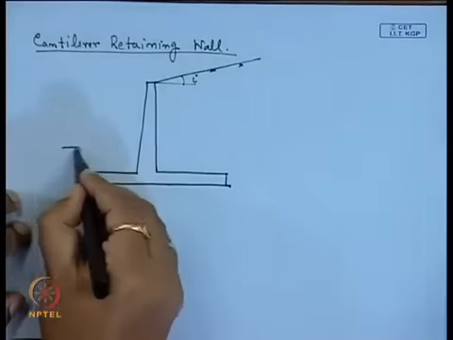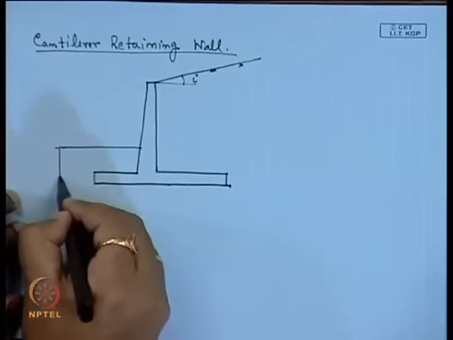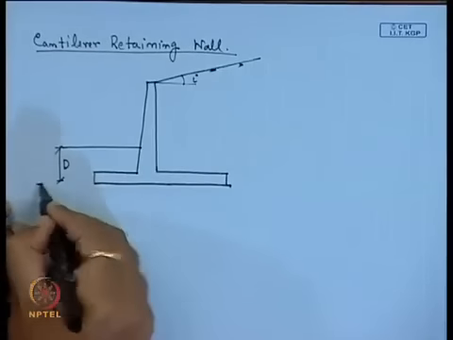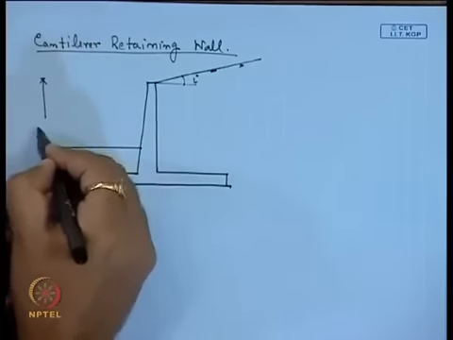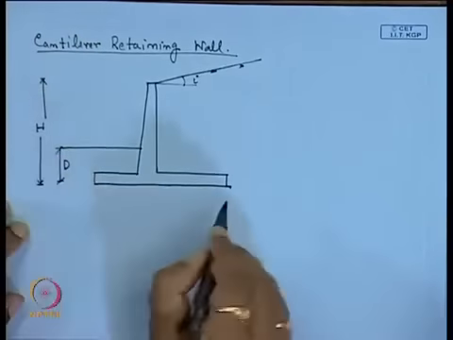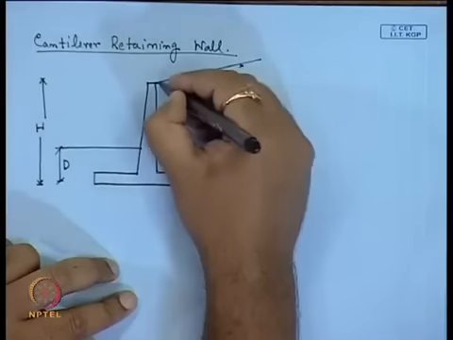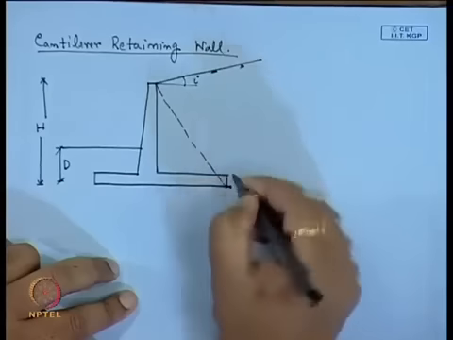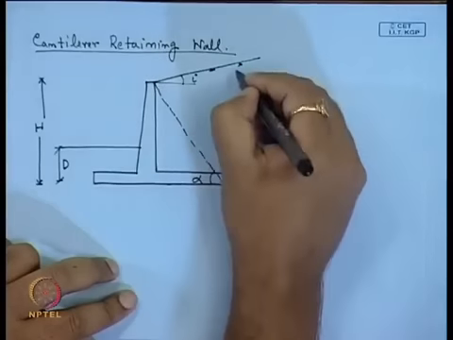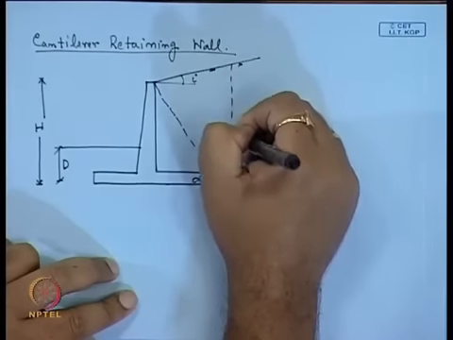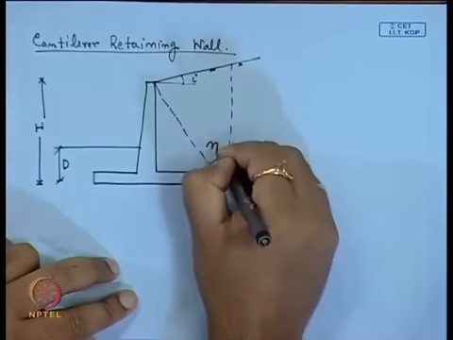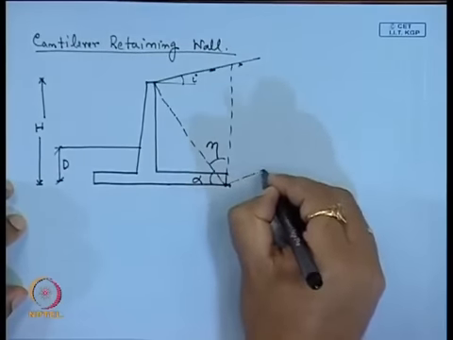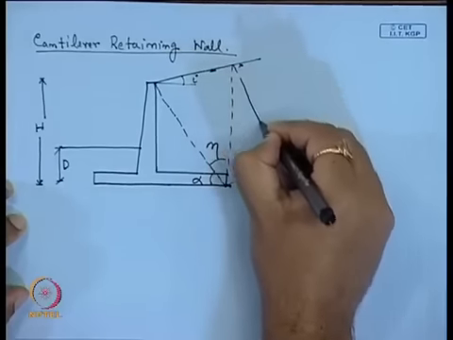And now, this is the D, depth of the retaining wall, and this one is the H, height of the retaining wall. Now, again if I consider the Rankine expression, then if we join this line, this will give you the H, and if I join the vertical line, now this is the earth pressure distribution.